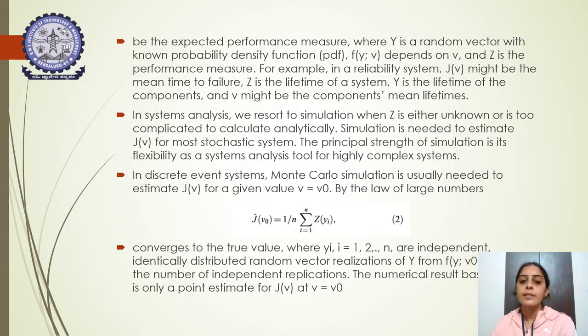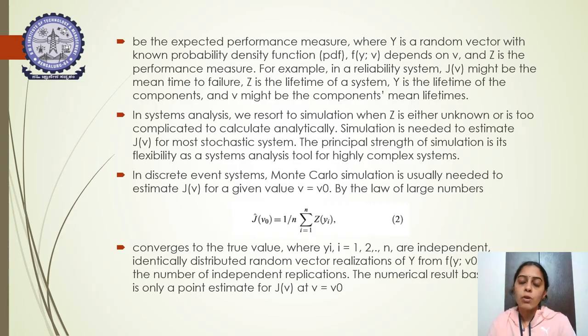So in any system analysis, we usually resort to simulation when Z is either unknown or too complicated to calculate analytically. If it is able to be calculated analytically, then there is no need for simulation. Analytical calculation can be done by the individual on his own, by the method or approach that we follow.